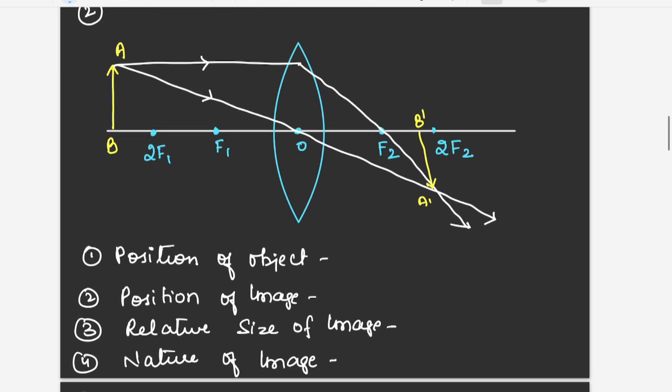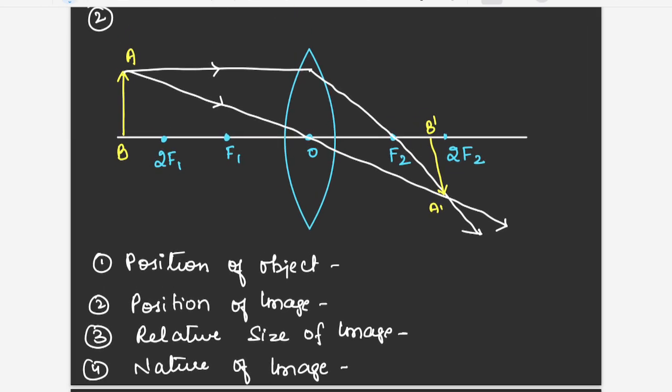Now let us write the position of the object. The position of the object is beyond 2F1. What is the position of the image here? It is formed between F2 and 2F2. And what is the size of the image? The size of the image is diminished.